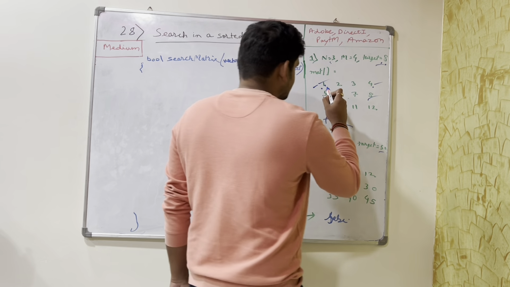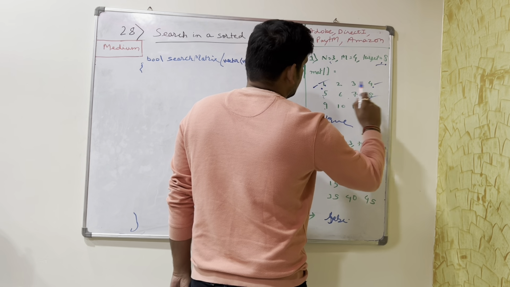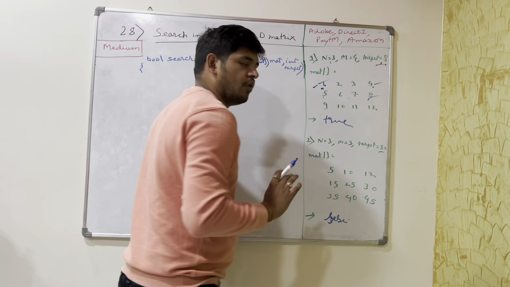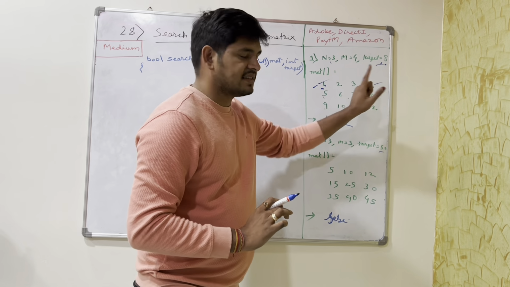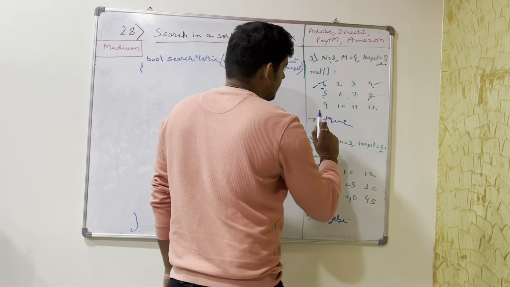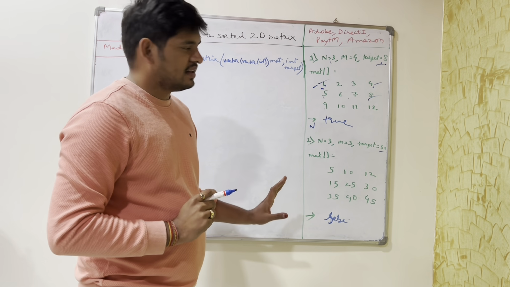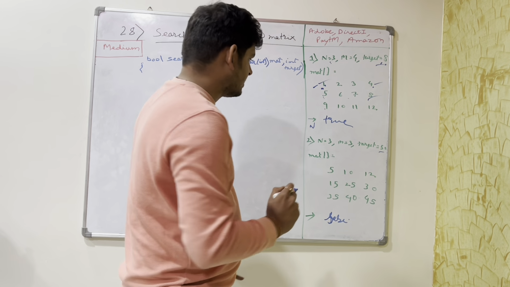So when we traverse the array, we will just traverse the rows and see whether the target can be present in the row or not, by checking whether it is greater than the first element and lesser than the last element, okay? That search will be n times at max, since there are n rows.